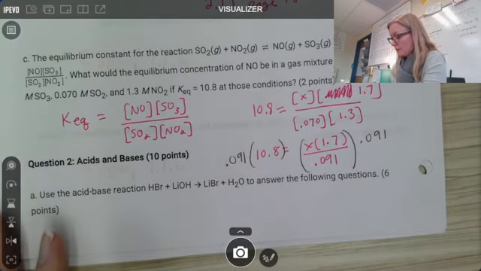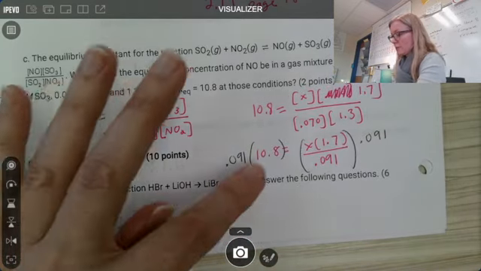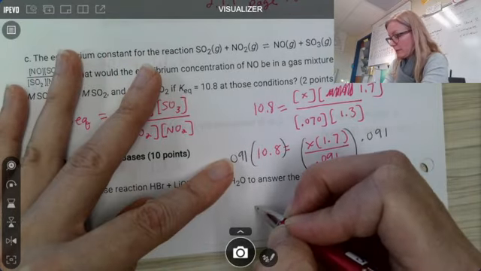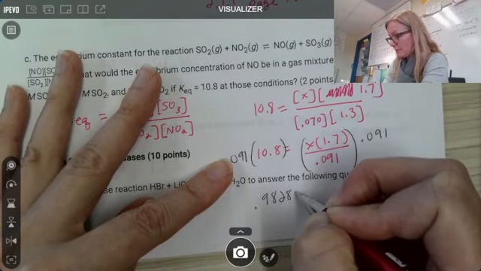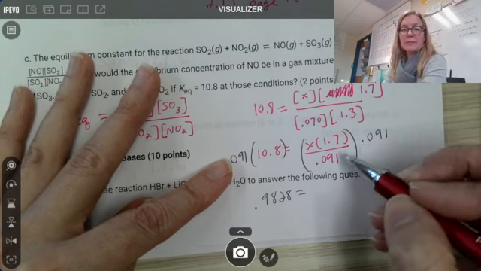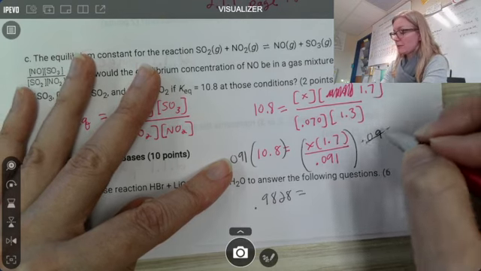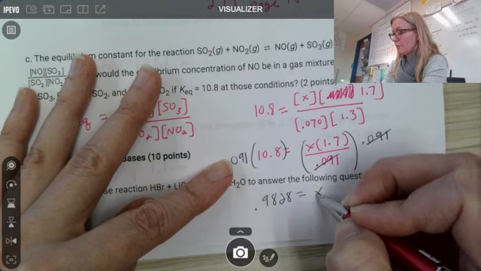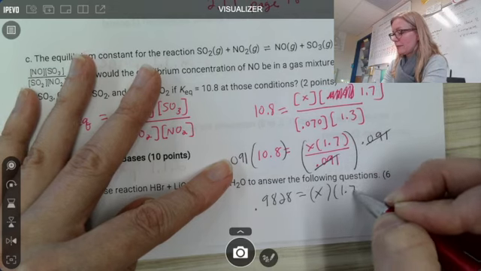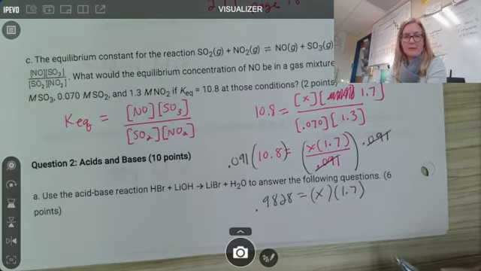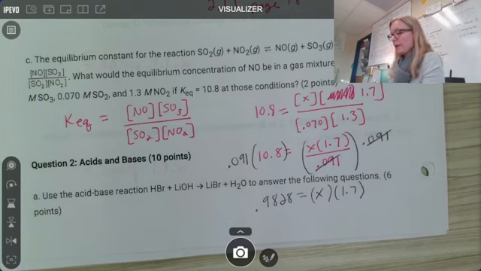So 10.8 times 0.091 is 0.9828. And then on this side, these are going to cancel out because they're in the numerator and the denominator, so that equals X times 1.7. And I'll leave the rest to you to solve for X.